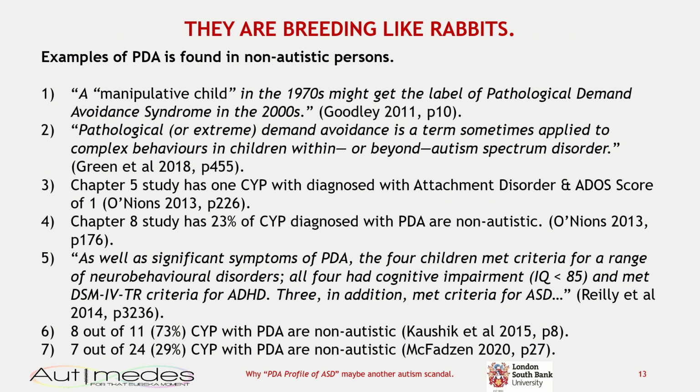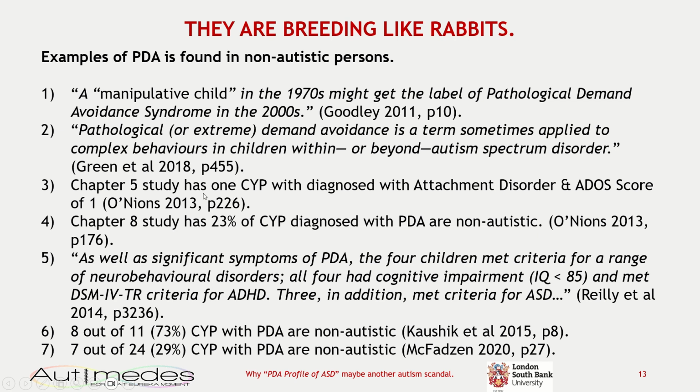In terms of context, consider PDA in non-autistic persons, so non-autism PDA. People have been saying that PDA is seen in non-autistic people for quite some time, and there is some supporting evidence for this.